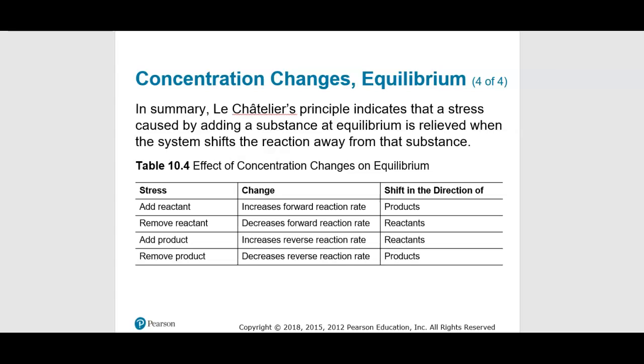You remove reactant, you decrease products and compensate by shifting towards reactants. You add a product, you're going to shift to reactants. You remove a product, you're going to shift to products. There's going to be a shift in the reaction.